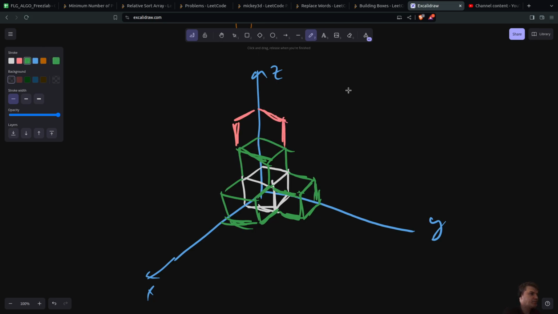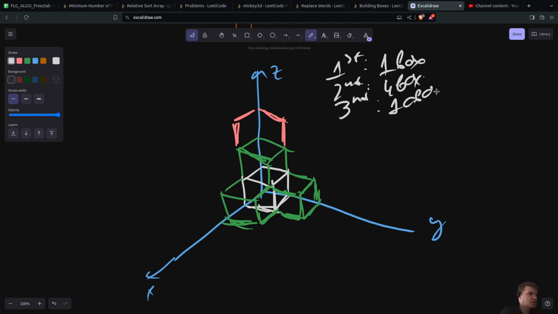So on the first we had one box. On the second, after we add on top of that, we have 4 boxes. Third, when we add the third layer, we have in total 4 plus 1 plus 2 plus 3, 10 boxes, and say our n is, let's say, 14.